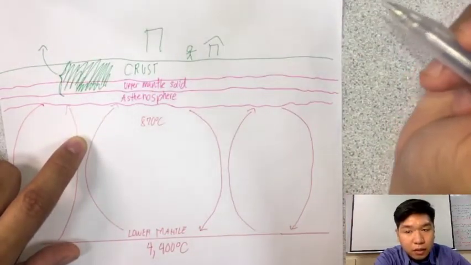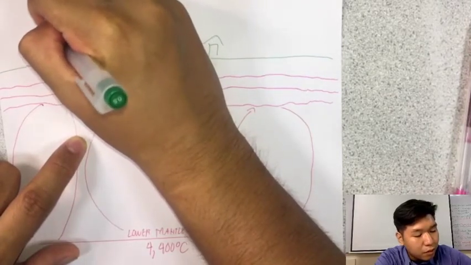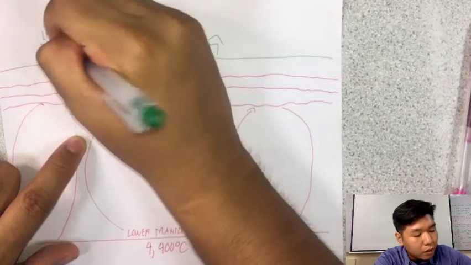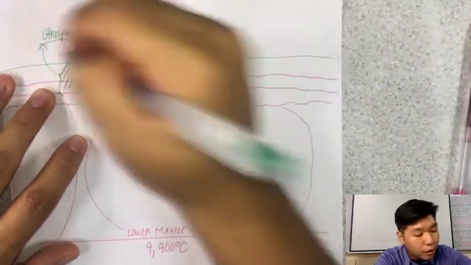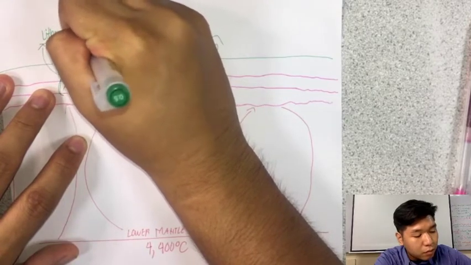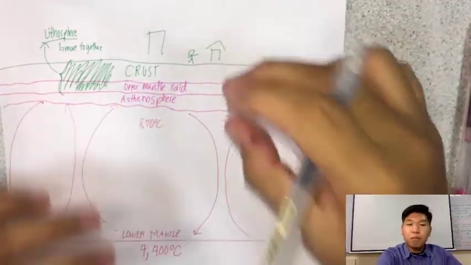Okay? The crust and the upper mantle are called the lithosphere because they move together. That's why they are called another separate layer.